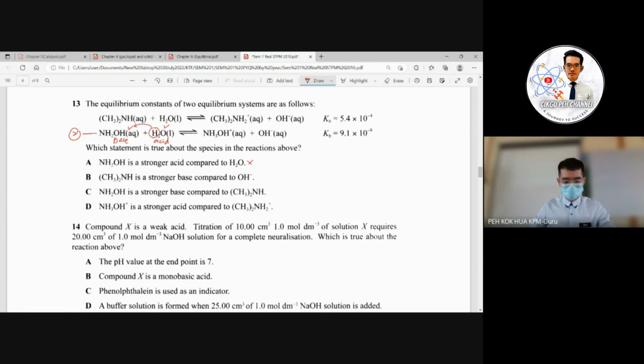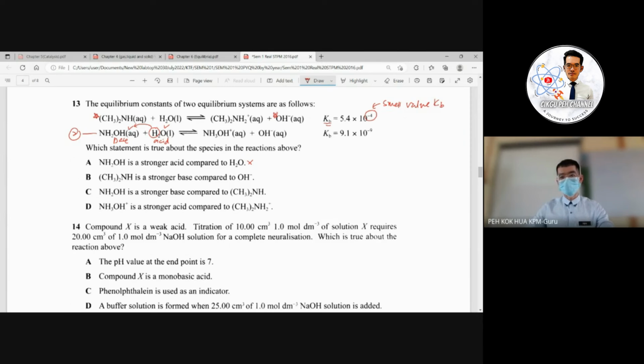And then for the B, (CH3)2NH is stronger than OH minus. From here, you can look at the value of Kb. The Kb value is 10 to the power of minus 4, so this is a small value of Kb.